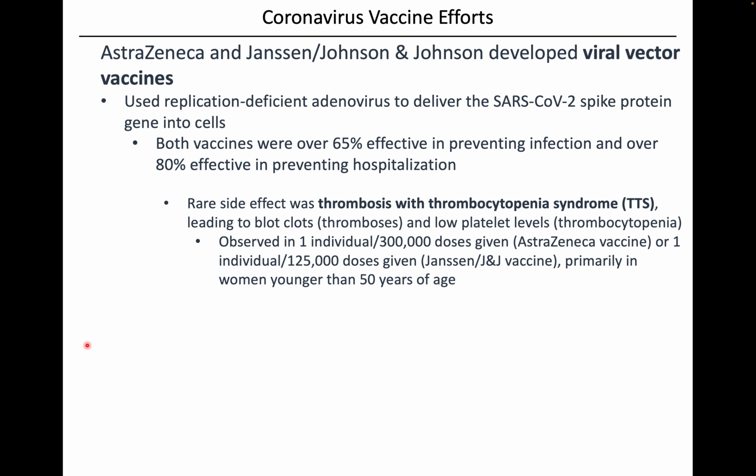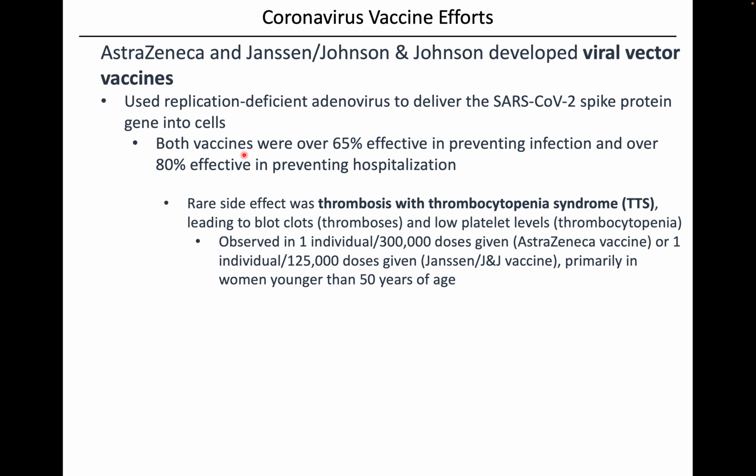So then we also had, of course, Johnson & Johnson and AstraZeneca, who came up with a second vaccine formula. This was a viral vector vaccine, and basically what they were doing was using adenovirus that could not efficiently replicate in the host as the delivery vector for the CoV-2 spike protein.